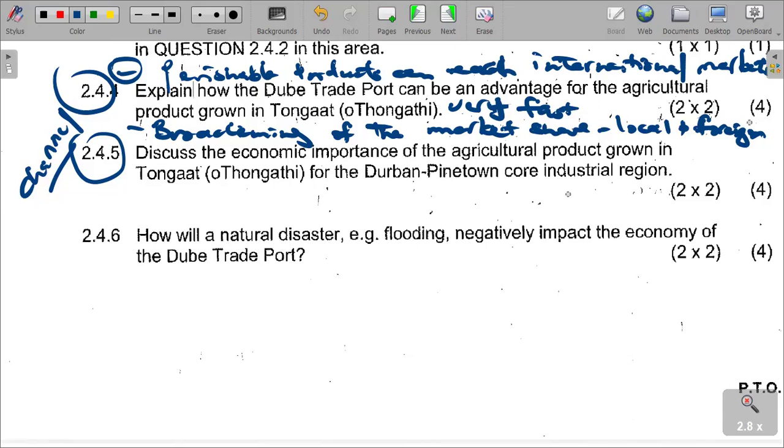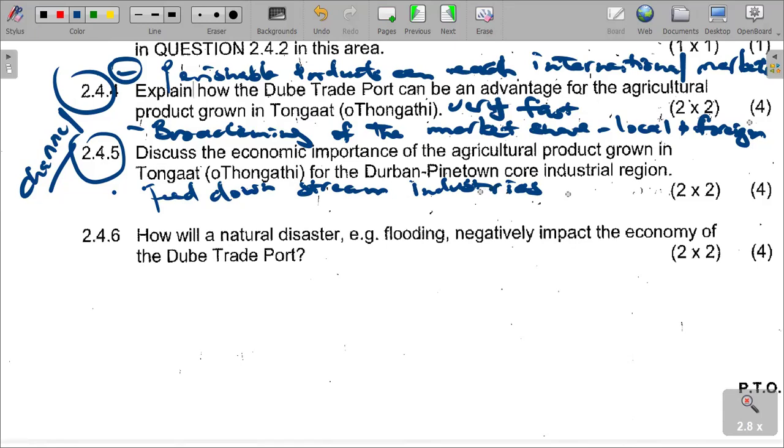The sugar refinery can feed the downstream industries.